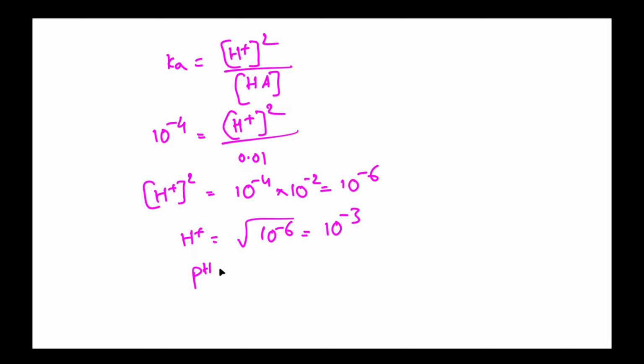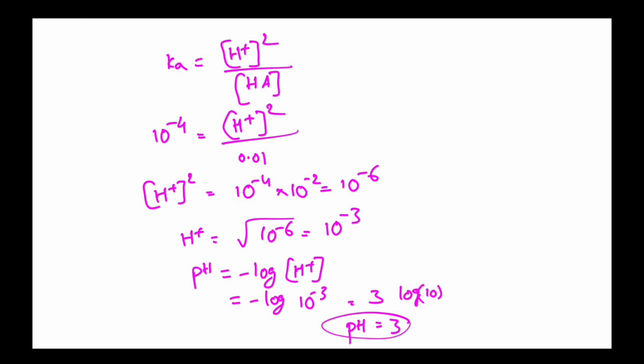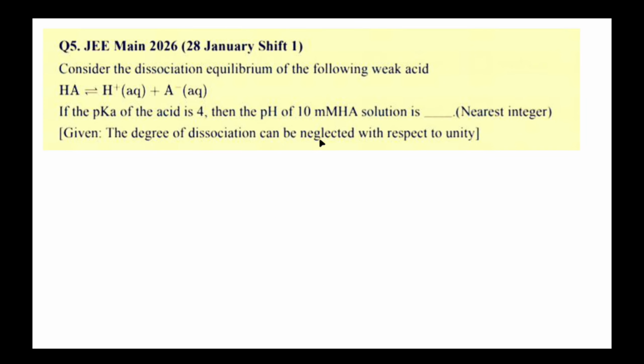So pH is equal to minus log H plus, so that is minus log 10 power minus 3, that is minus into minus plus 3 log 10 is 1, so that pH value is 3. So the answer is 3. So the pH of 10 millimolarity of weak acid HA solution is 3.